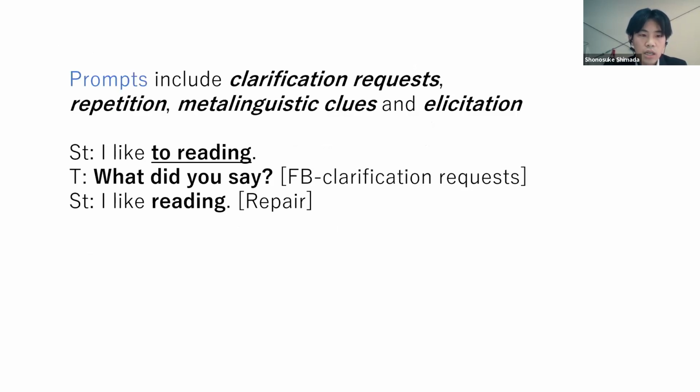The other CF technique is prompt, and it includes four techniques: clarification requests, repetition, metalinguistic clues, and elicitation. Take a look at an example. "I like to reading." "What did you say?" "I like reading." In this conversation, the teacher gave a correction by asking for clarification to make the student notice the error.